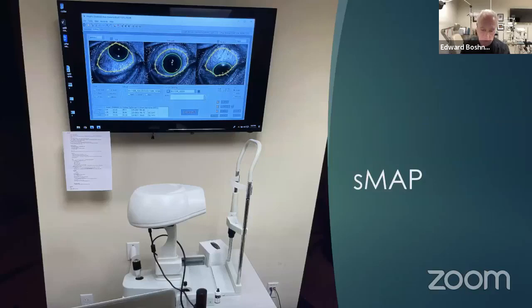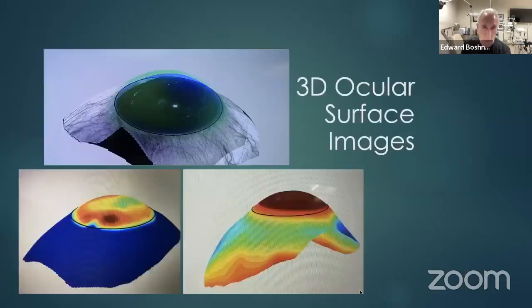The images are stitched together to get one whole image. And you can see the colors represent asymmetries going around the clock. These images are uploaded to a special lab, and they have the software to design a lens where the landing zone, the peripheral portion of the lens, matches exactly the contour of the sclera going around the clock.